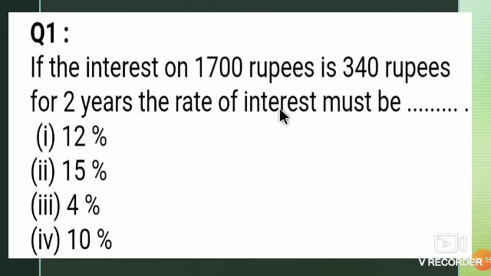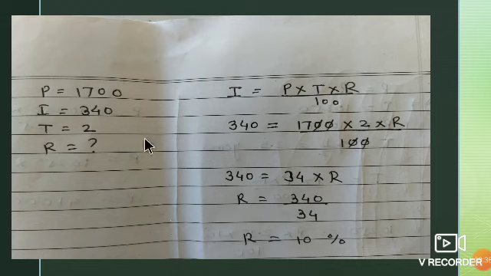We have to find out the rate of interest. Let's put the values in the formula. Interest 340, principal 1,700 into time 2 into R upon 100. Cancel the zeros, you will get 34. After dividing, you will get 10. As it is the rate of interest, we should mention it as a percentage, 10%.